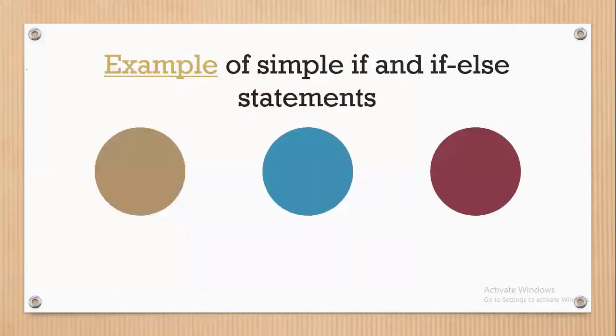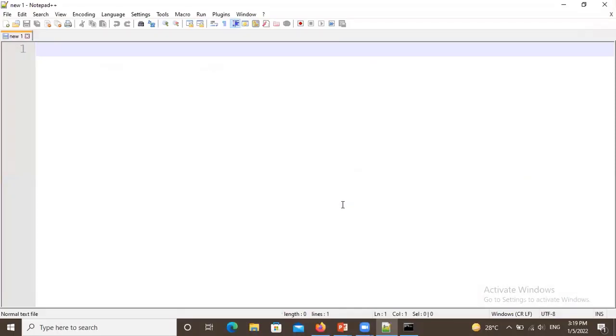Okay, so let's have an example of simple if and if else statement. I'm going to use Notepad++ as the IDE. You can take any IDE which is supported by Java.